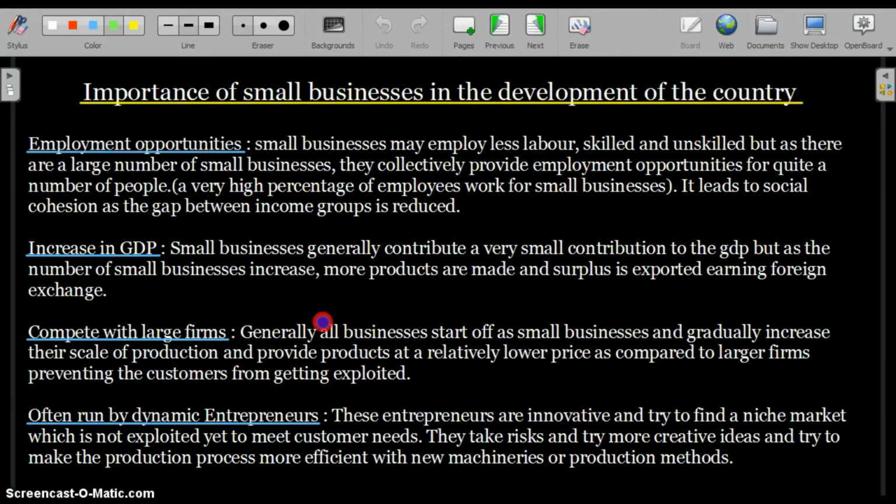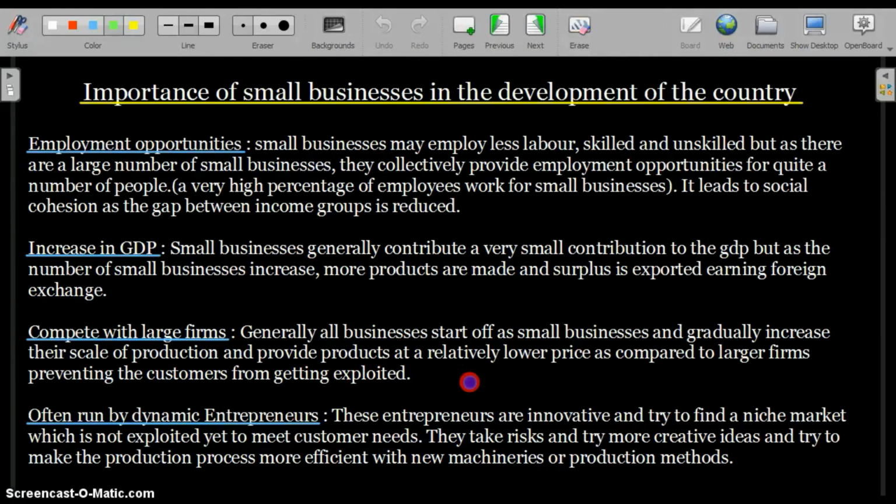Small industries also compete with large firms. Now, this might sound ridiculous to some: how do these small industries compete with large firms? But generally all businesses start off as small businesses, and as they grow, the scale of production increases, and they provide products at a relatively lower price as compared to larger firms. So it prevents the customers from getting exploited. Suppose there's only one business in an industry, as a niche market, offering a different product or service.